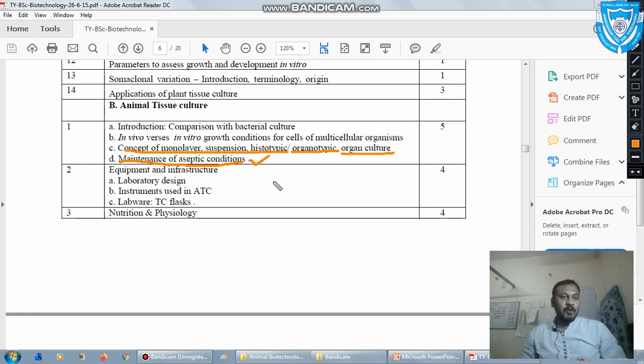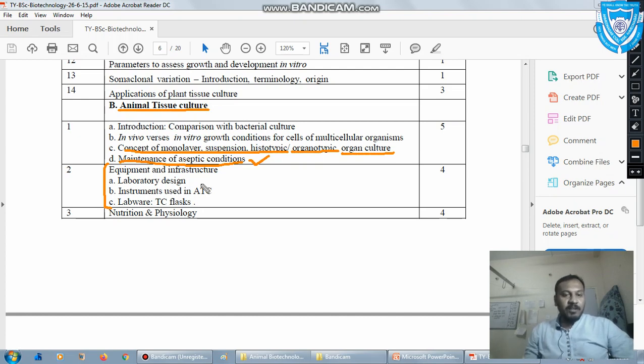Then the next module is about equipment and infrastructure. As I told you, the laboratory is completely different for our animal tissue culture. For that laboratory, different equipment is necessary, and different infrastructure is necessary.